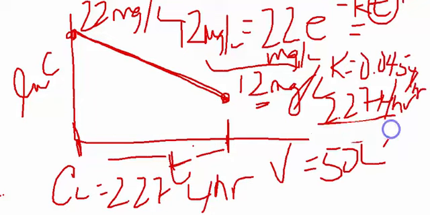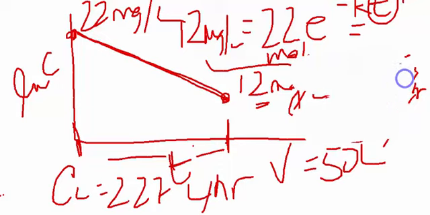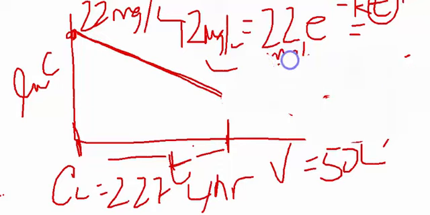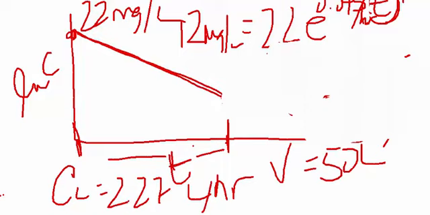Okay, so then we need to come in here and solve. Our K is going to be 0.045 per hour. And now we're solving for T. Do you all know how to do the algebra to do this? First thing I do, this is also milligrams per liter.